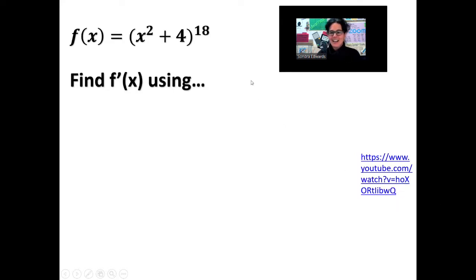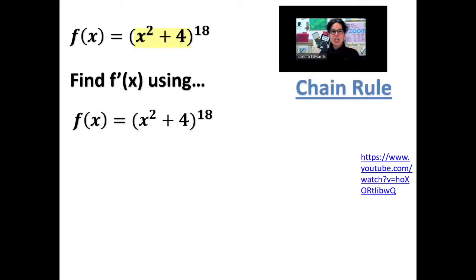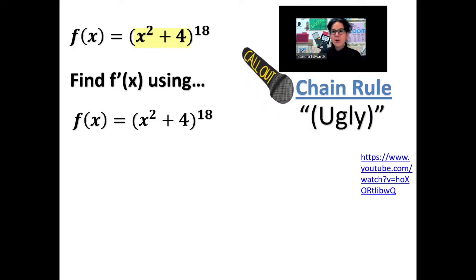So let's go ahead and identify the ugly. For using the chain rule, we need to really call it out and say, you're ugly. So what is ugly here is that x squared plus 4.